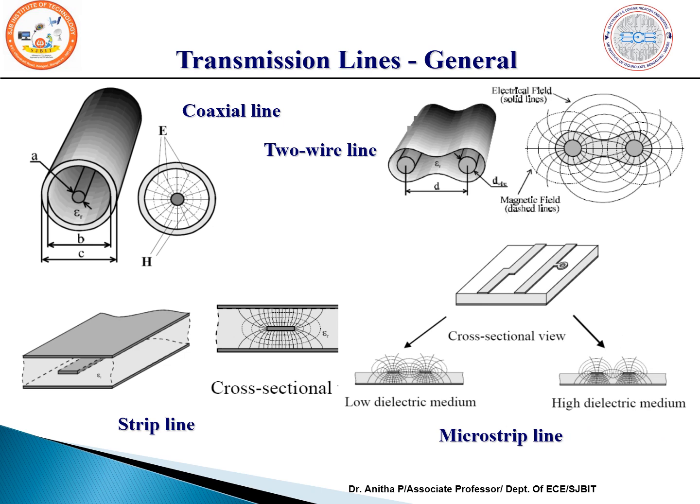Another type is the microstrip line. It is the same as the strip line, but the major difference is that you have a conducting ground plane, and upon that a top conducting layer where the microstrip line passes, and these two layers are separated by a dielectric.